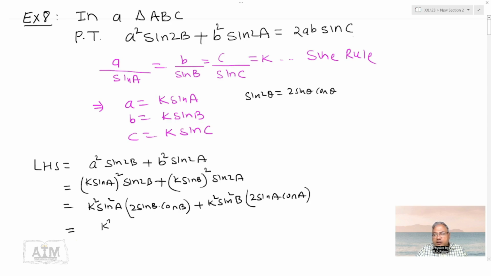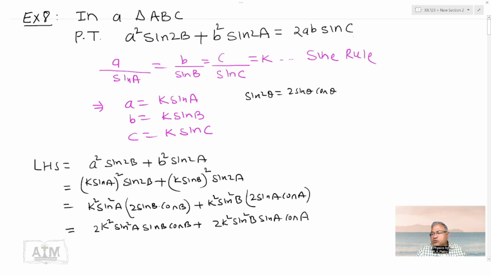So here I am opening all the brackets: K square sin square A, 2 written here, and sin B into cos B, plus 2 K square sin square B sin A into cos A.